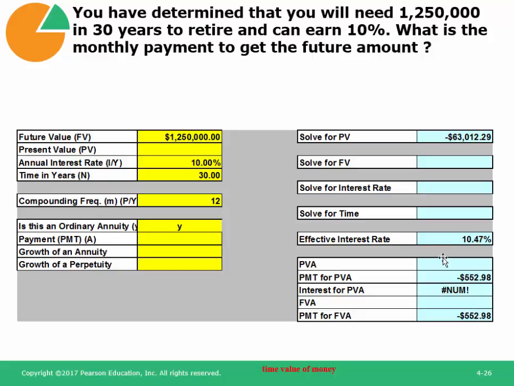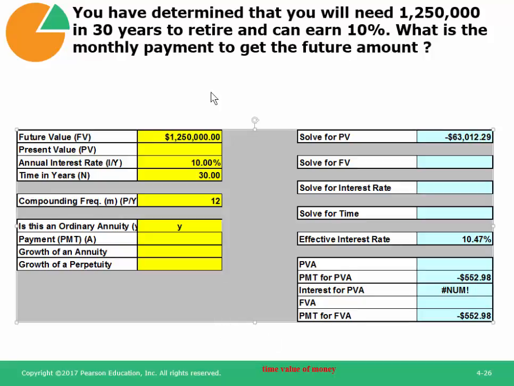Now also, if I wanted to make a lump sum payment, this fortunately gives us both answers. If you had $63,000 today, you could invest $63,000, and that also would get you $1.25 million compounded monthly for 30 years.